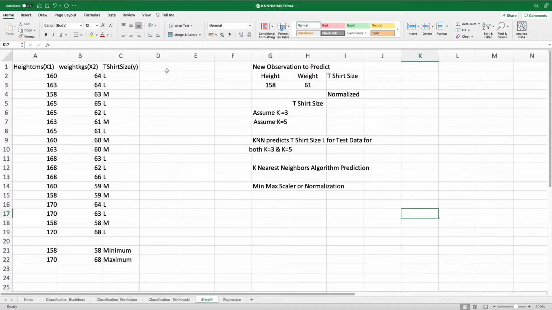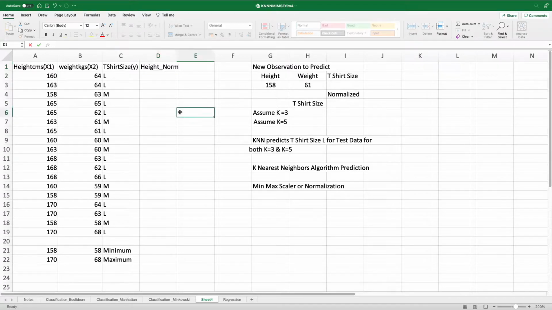Now height underscore norm, height normalization is equal to open bracket x minus x min.